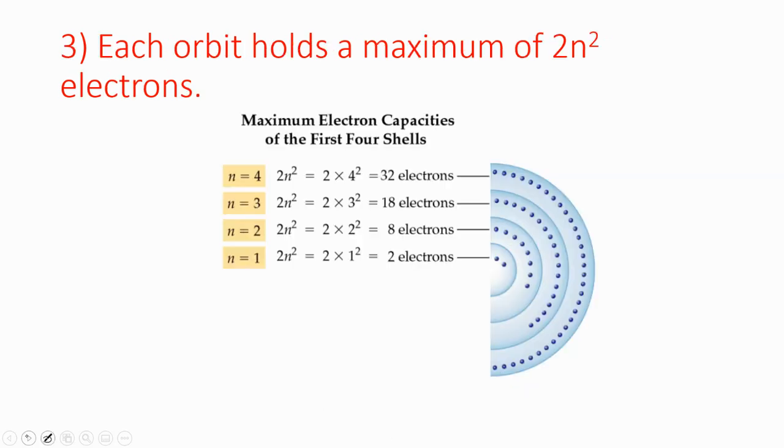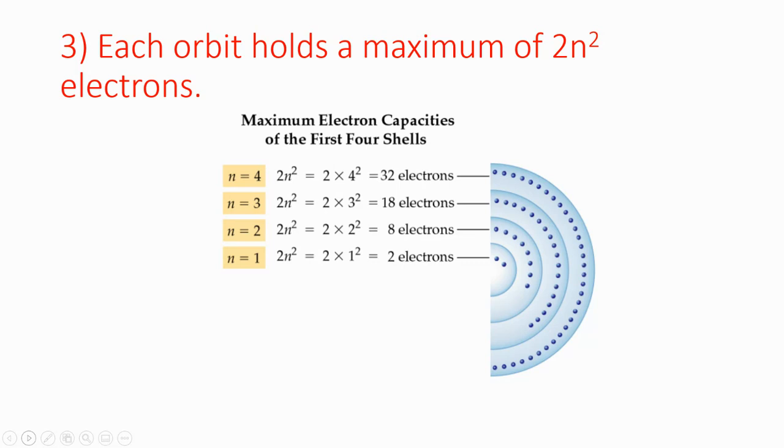The third thing that we have is kind of new for us. It's a maximum capacity for each orbit. You can imagine that the first orbit itself is pretty small, but as you go further out, the orbits get bigger, and therefore there's more space in each orbit as we move away from the nucleus. So Bohr said that each one of these orbits could only hold a maximum of 2n squared electrons.